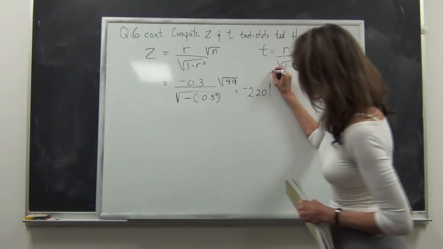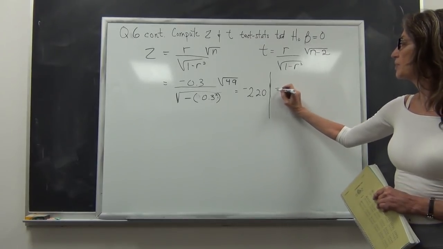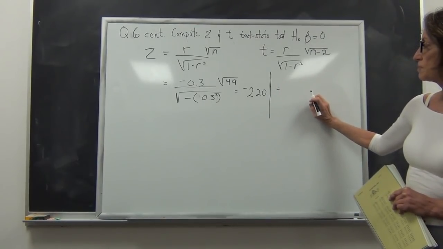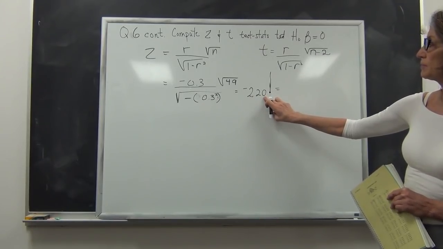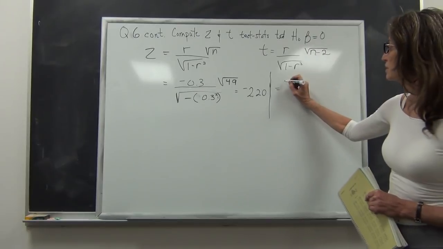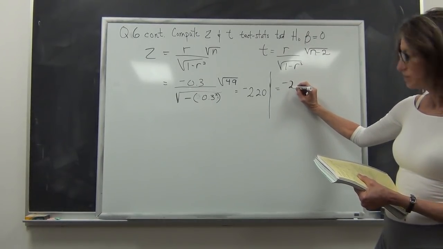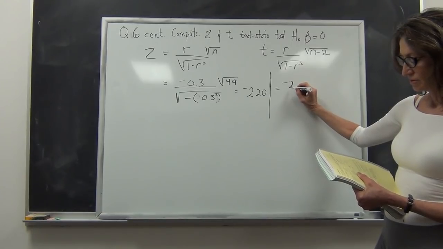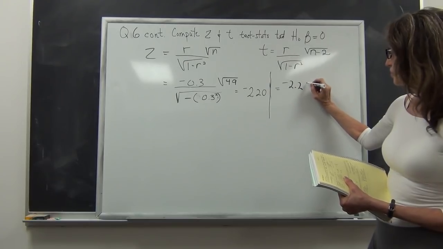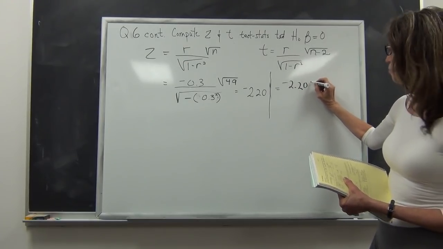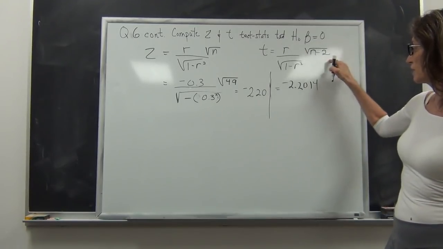Now when we look at the t, what's the t going to be? Well, we could just multiply this negative 2.2, I suppose we should leave all the digits in, I think it was negative 0.2014, by something to get over to this one.